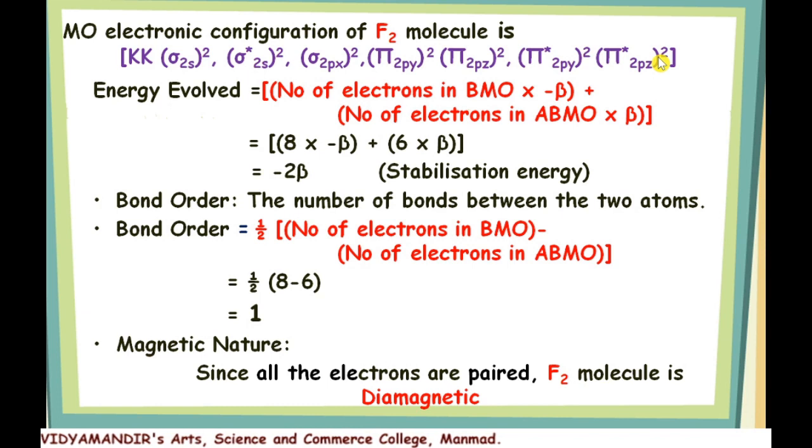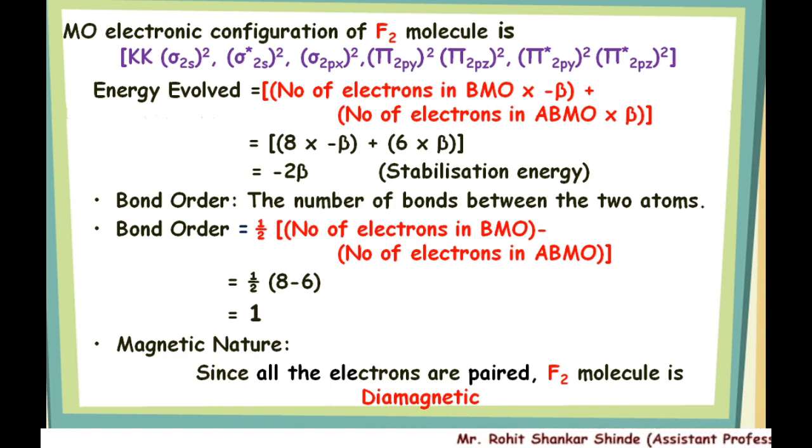In this way, molecular orbital electronic configuration of F2 molecule is written. Since the number of electrons present in bonding molecular orbitals are more than the number of electrons in anti-bonding molecular orbitals, the molecule is stable.